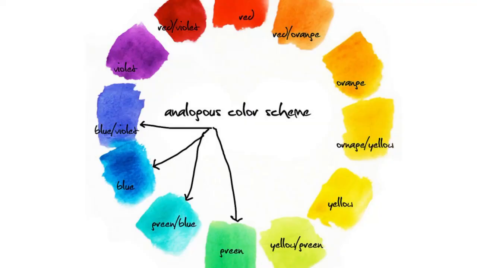So the analogous color scheme is three colors next to each other on the color wheel. Here on this image you can tell which ones are parts of the analogous color scheme. So you have blue-green, green, and yellow-green, or you can have yellow-green, yellow, and even yellow, yellow-orange.